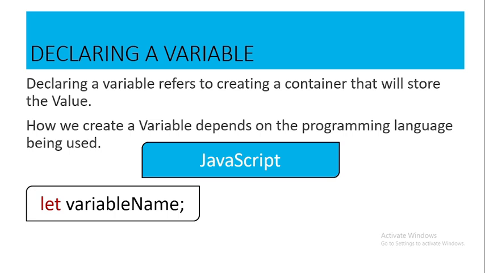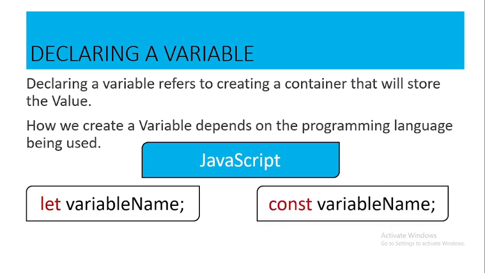The variable name refers to the name that you are giving to the container. So we have let variable name. Then we can also use another keyword known as const, C-O-N-S-T, and then the name that we want to give to the container follows. So we have const variable name.